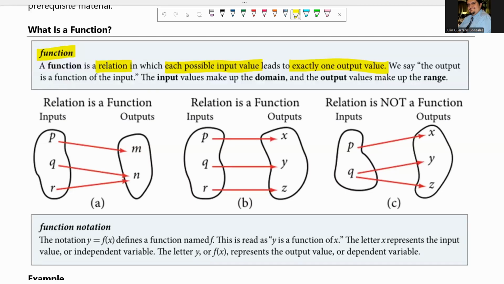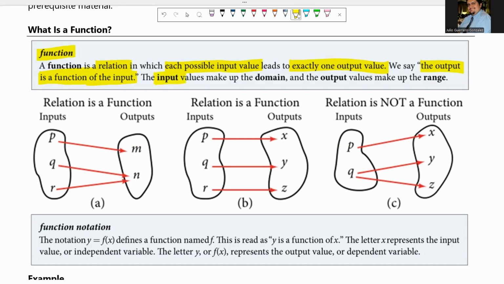The language that we use is that the output is a function of its input. Think of it as a machine: there's a function, you give it something, and it's going to spit something out to you. Does that make sense? That is the definition of a function.